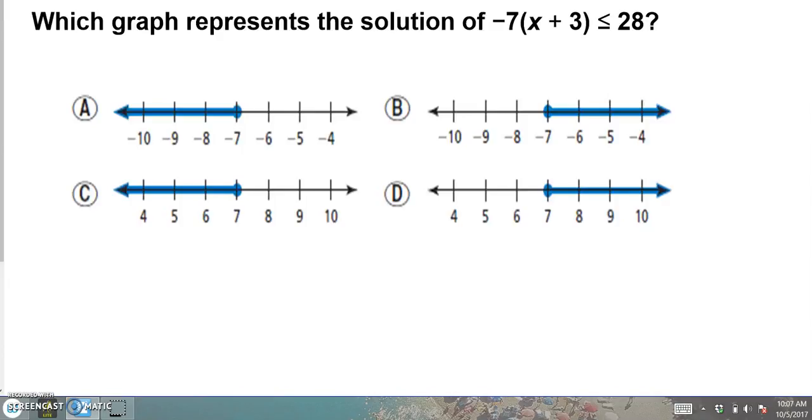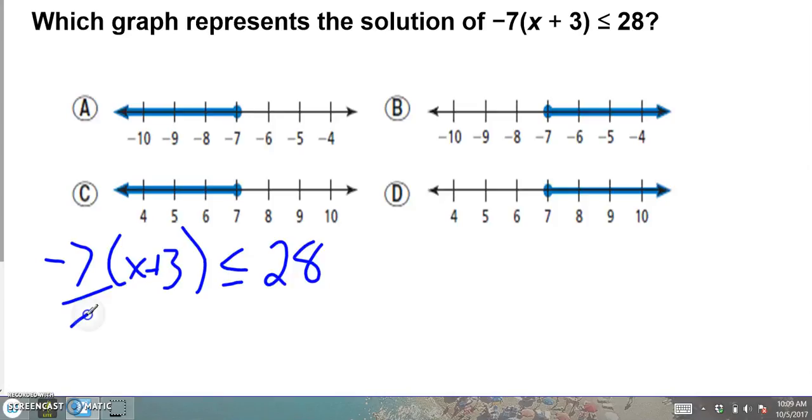Which graph represents the solution of this? So I'm just going to solve this and then we can figure it out. Okay. So we have -7 times x plus 3 is less than or equal to 28. I'm going to divide by that -7 just to get rid of it right away. And then we have x plus 3.